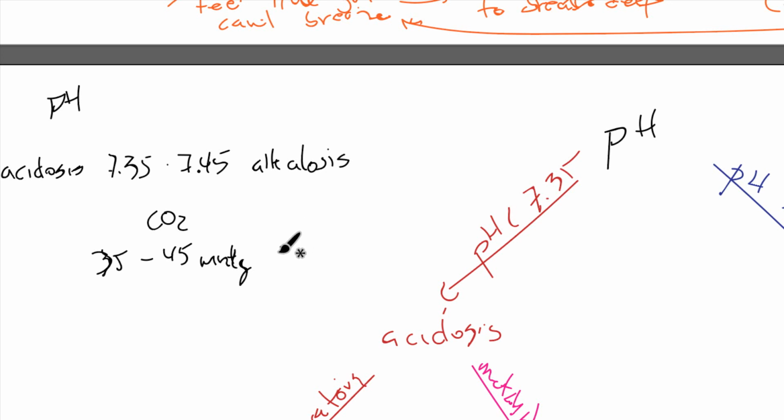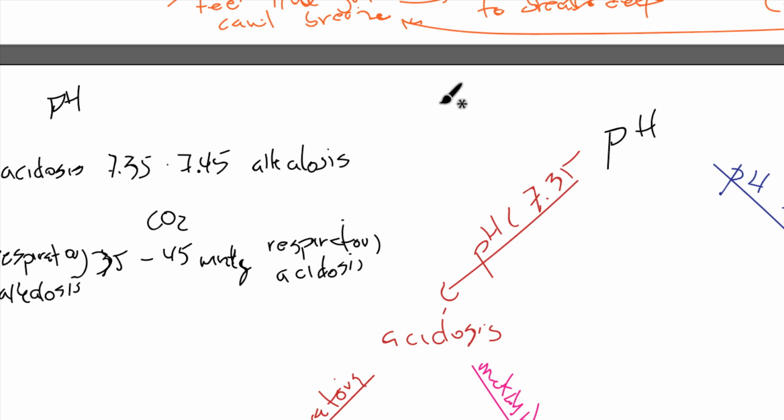High CO2 is going to be respiratory acidosis, and we kind of have to switch sides here. And low, so less than 35, is going to be respiratory alkalosis.